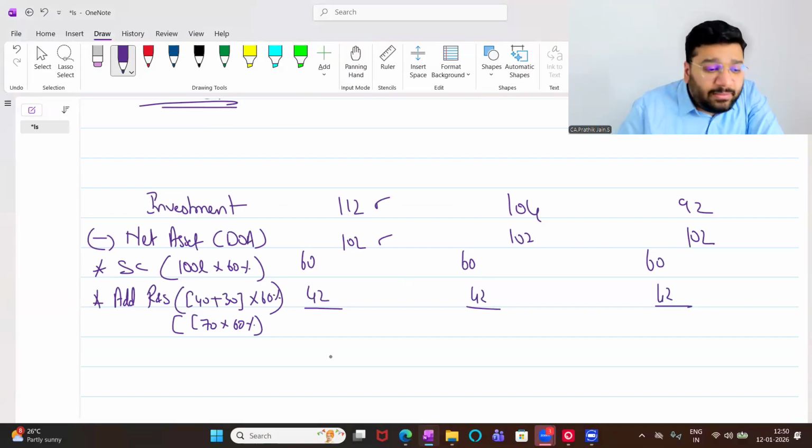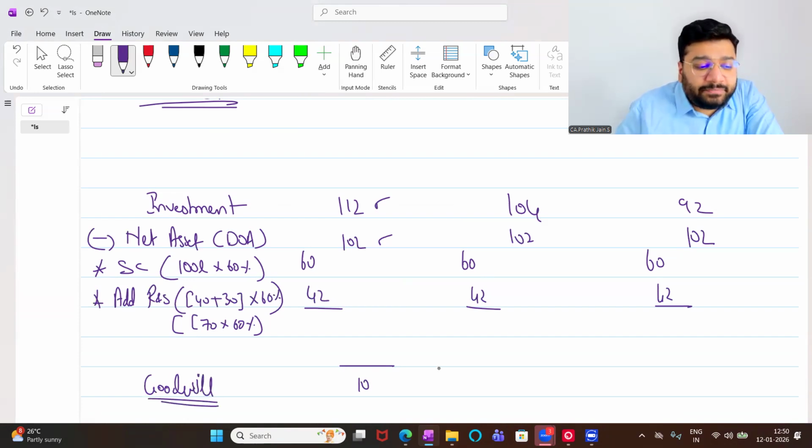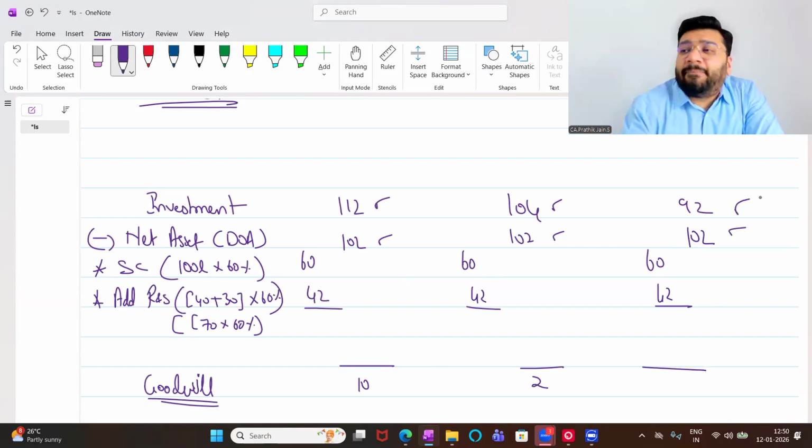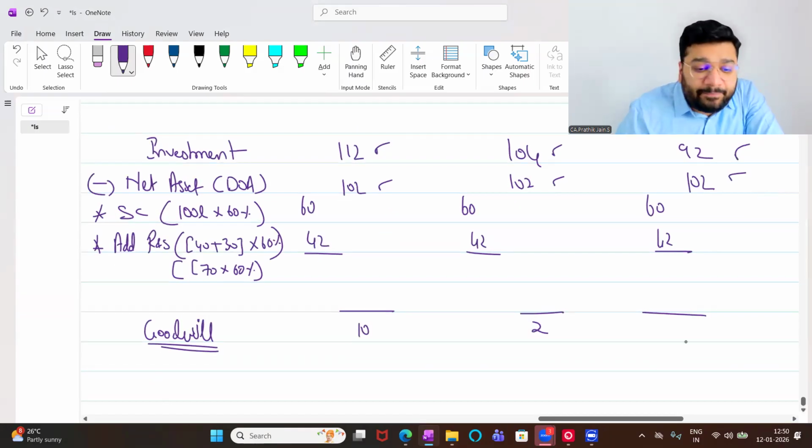But how much have we paid? We paid 112. So have we paid extra or less? Extra, 10 lakhs. This is goodwill. We got net benefit of 102, but we paid 104. How much extra have we paid? 2 lakh extra. Goodwill. Here, we got a 102 benefit, but we paid only 92. How much less have we paid? 10 less.